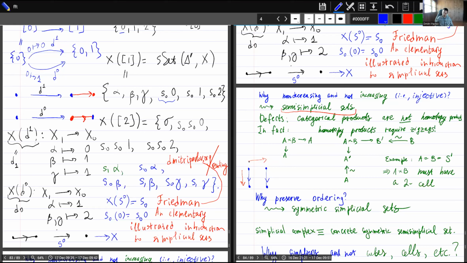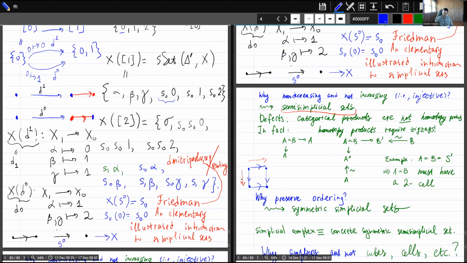Or I can take the product of this one simplex here on top and this vertex. I will get this edge here. Or I can take the product of this one simplex and this vertex. I get this edge here. And finally, I can take the pair consisting of this edge and this edge. So both of them are non-degenerate.